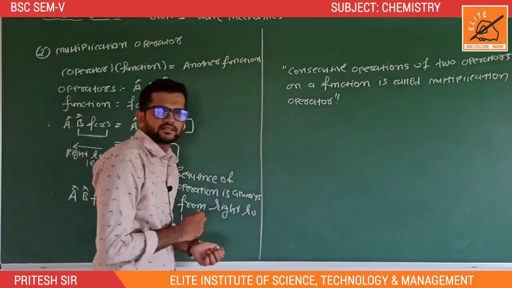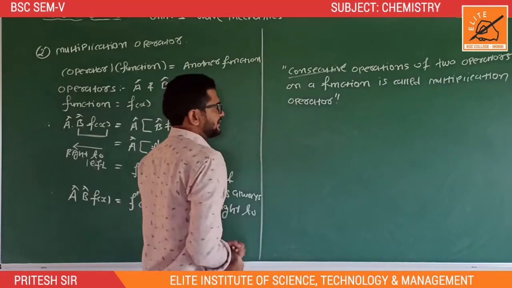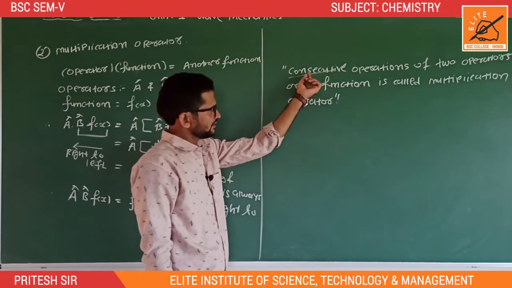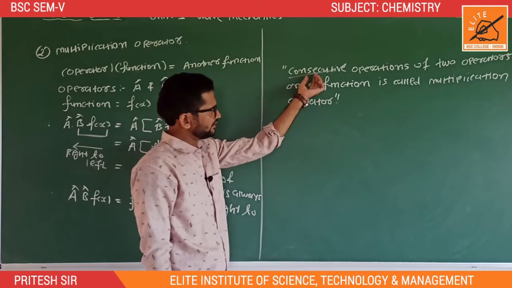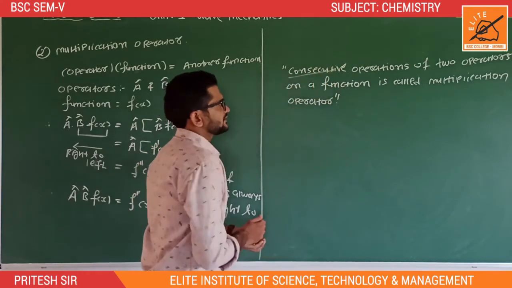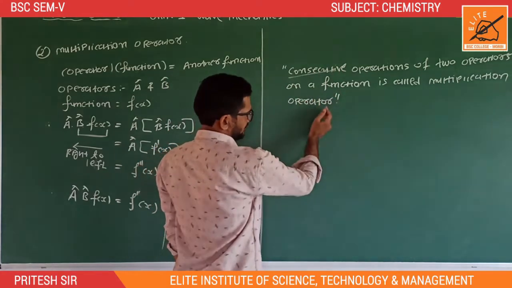What do you mean by consecutive? Consecutive means step by step operation with sequence. So consecutive operation of two operators on a function is called the multiplication operator.